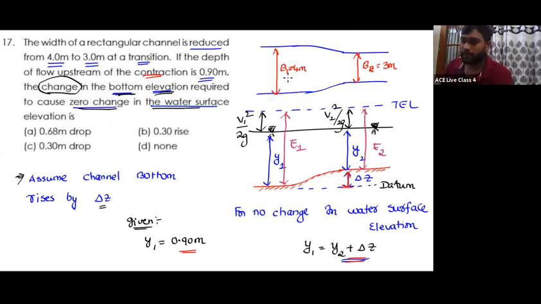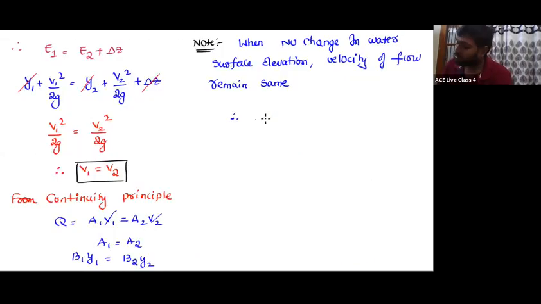What is B1? 4 into Y1, and B2 is 3 into Y2. So 4 into 0.9 is equal to 3 into Y2.